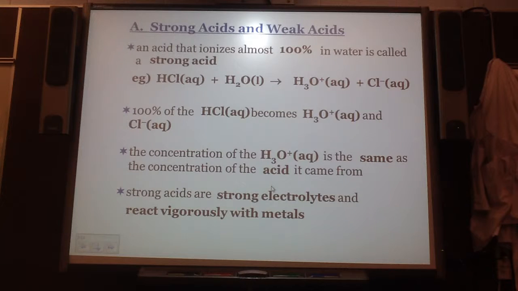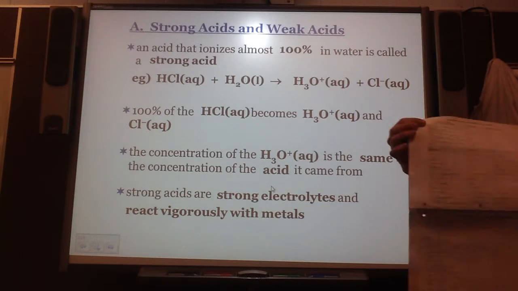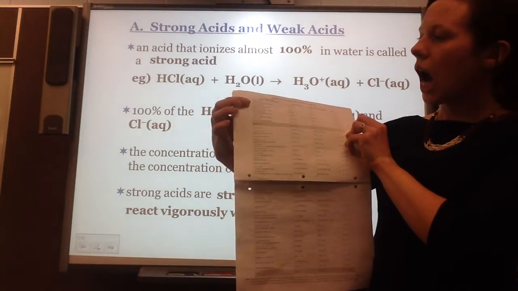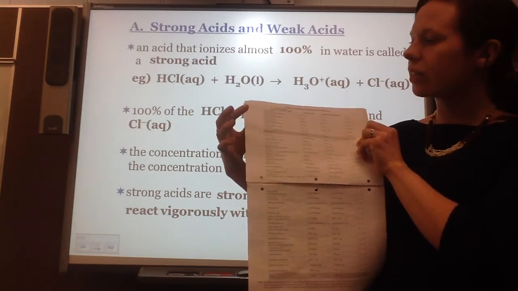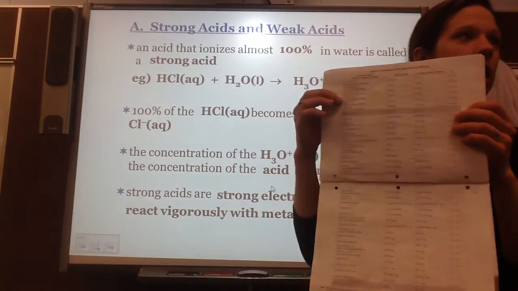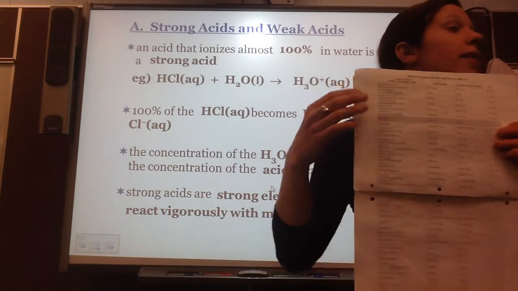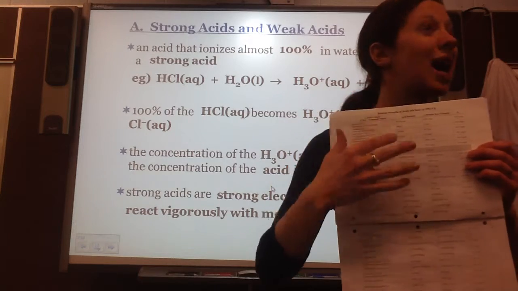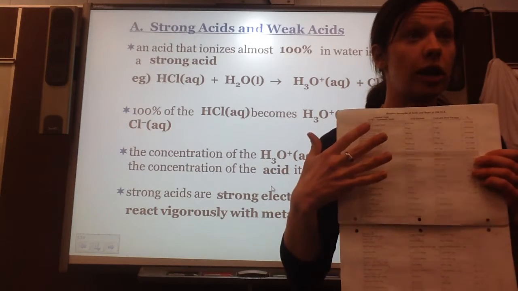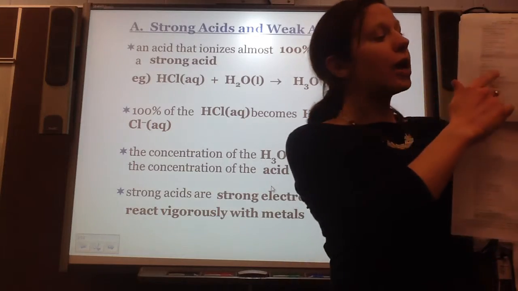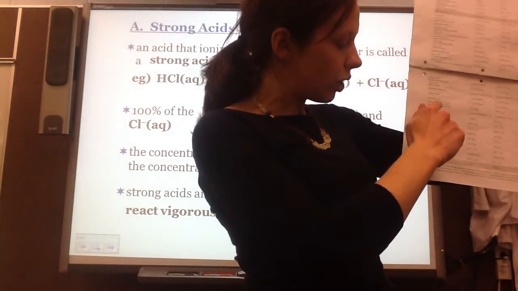The 6 strong acids are the 6 first ones on the list that are above that H3O+. So perchloric acid, hydroiodic acid, hydrobromic acid, hydrochloric acid, sulfuric acid, and nitric acid. These are the big 6 that ionize pretty much 100%. Everything else, as you go down the list, decreases.